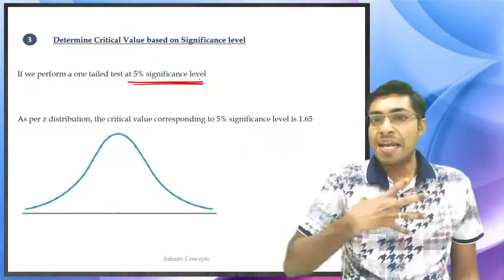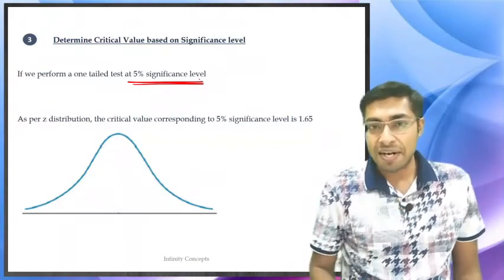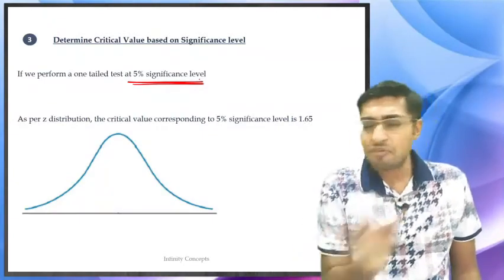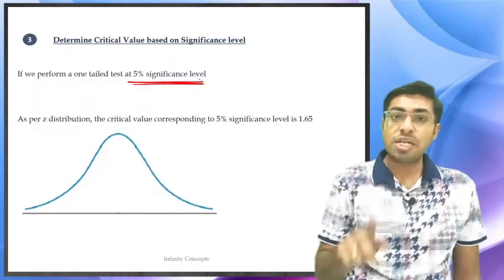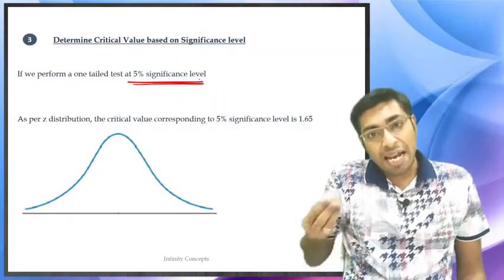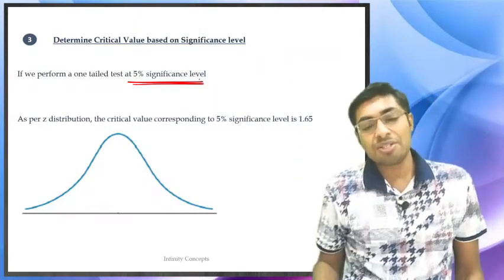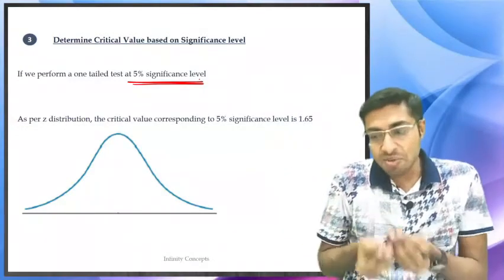Remember, you can never say with 100% confidence that the statement you have made is correct. That you can say only when you actually calculate for all the 22,000 stocks. But right now we are not calculating for all those 22,000 stocks, and that is why we are doing this hypothesis testing, right? Because we want to test only 36.